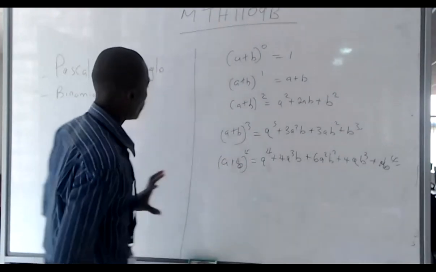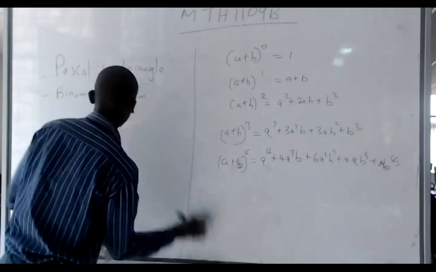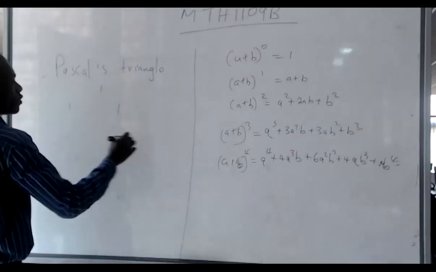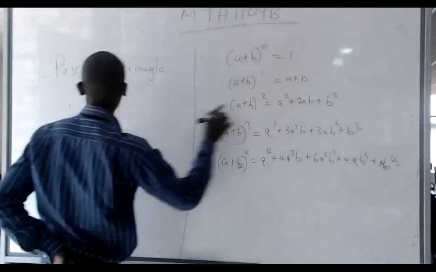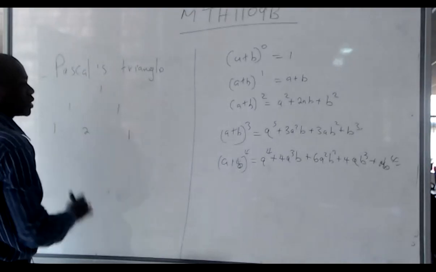And now from this, we extracted the coefficients that gave us the Pascal's triangle. So in the first expansion, you have a 1. In the second expansion, you have just 2 coefficients, 1 and 1. In the third expansion, there's the coefficient of a squared, the coefficient of ab, and the coefficient of b squared.